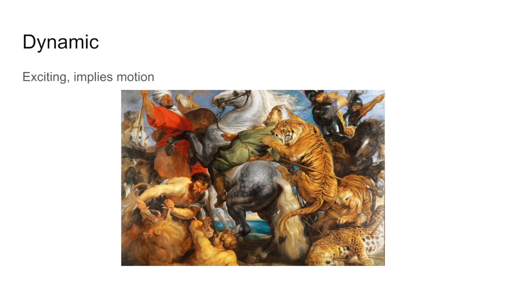So if you look at this painting by Peter Paul Rubens, you see this to be very dynamic. And how you make a picture dynamic is you include lots of diagonals in your composition. Lots of diagonals in this composition. Lots of diagonals in this composition. So that is how you create a work that is dynamic.